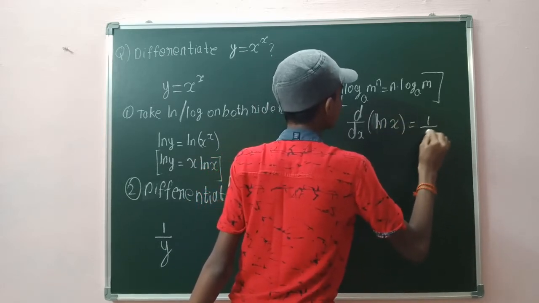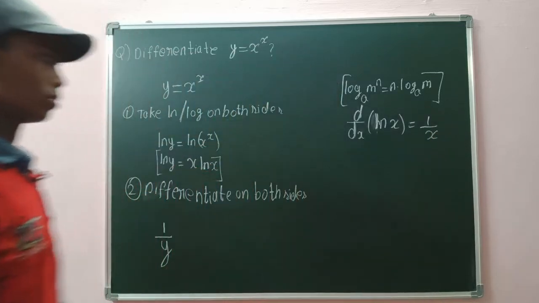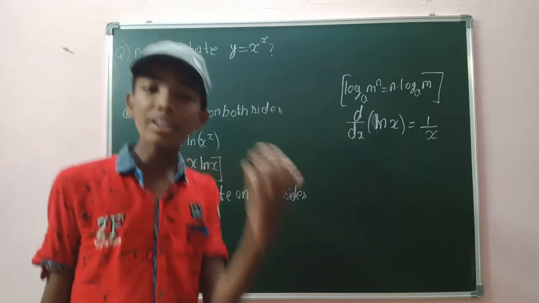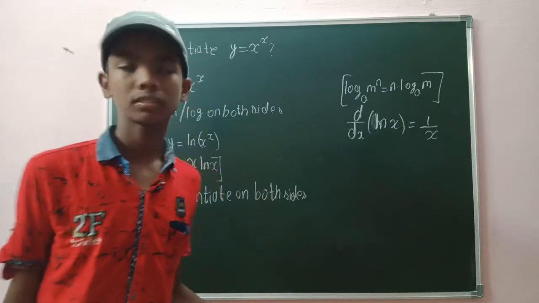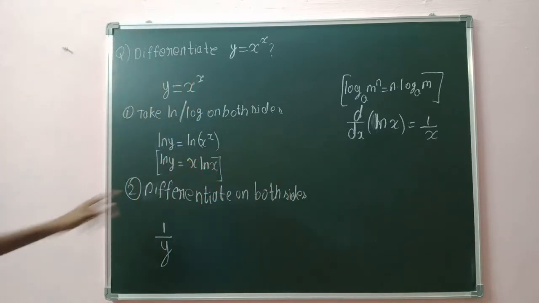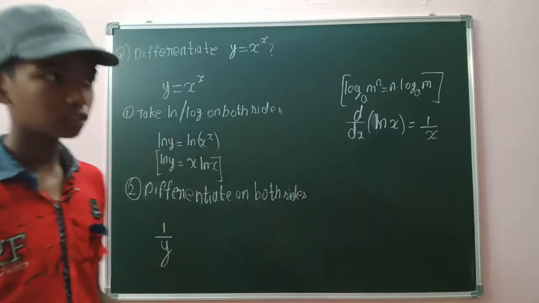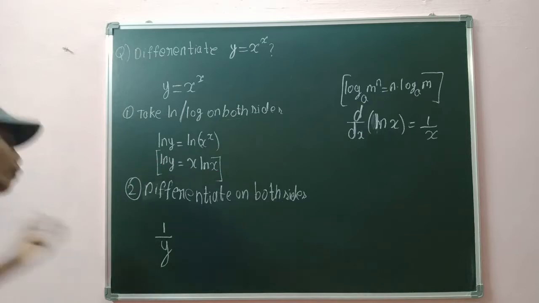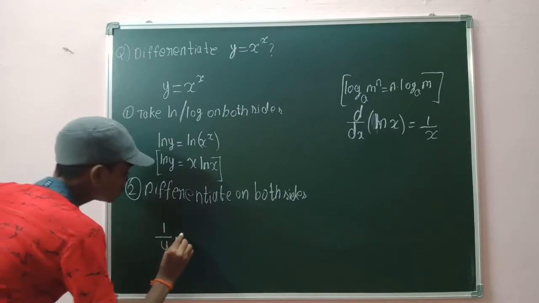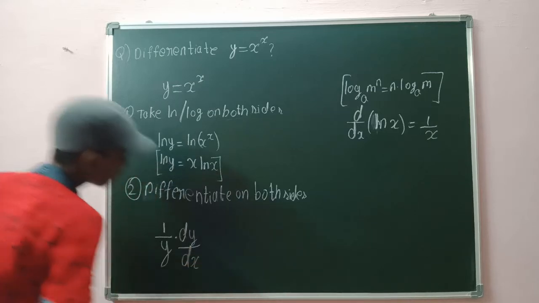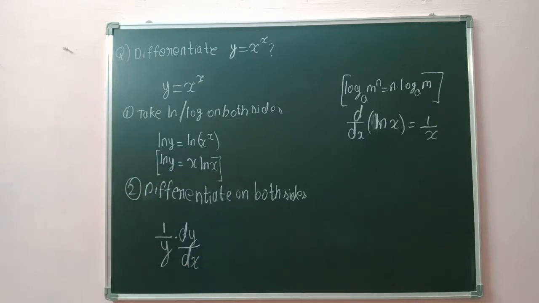I am writing each and everything because it's a conceptual video and I want to ensure that everyone can understand it. Now the derivative of ln of y is 1 by y, and also dy by dx.